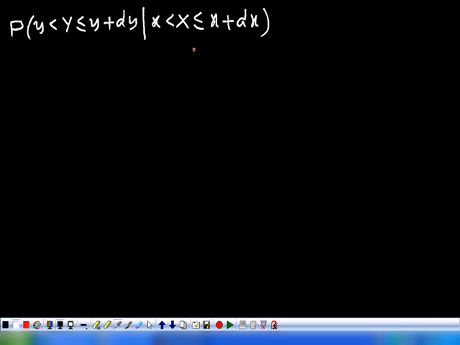We have shown that the probability of the random variable x lying between x and x plus dx and y lying between y and y plus dy is equivalent to fxy of x comma y into dx dy. Now we are considering another probability. This is the conditional probability.